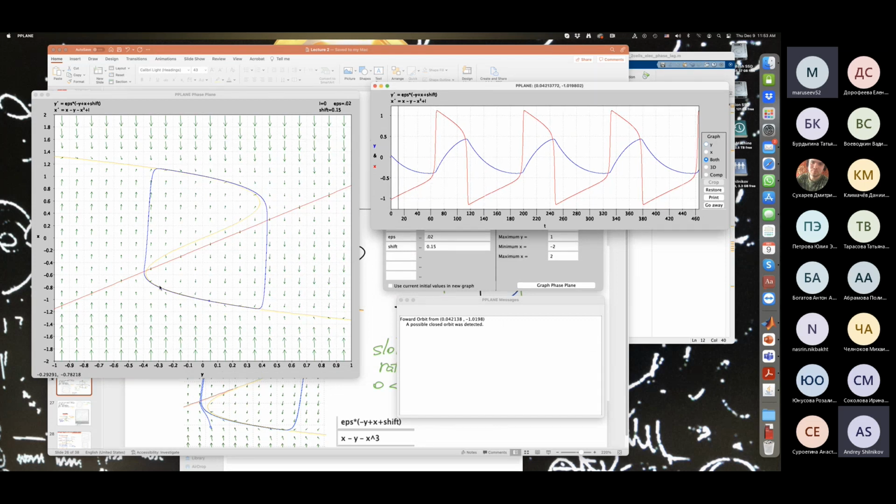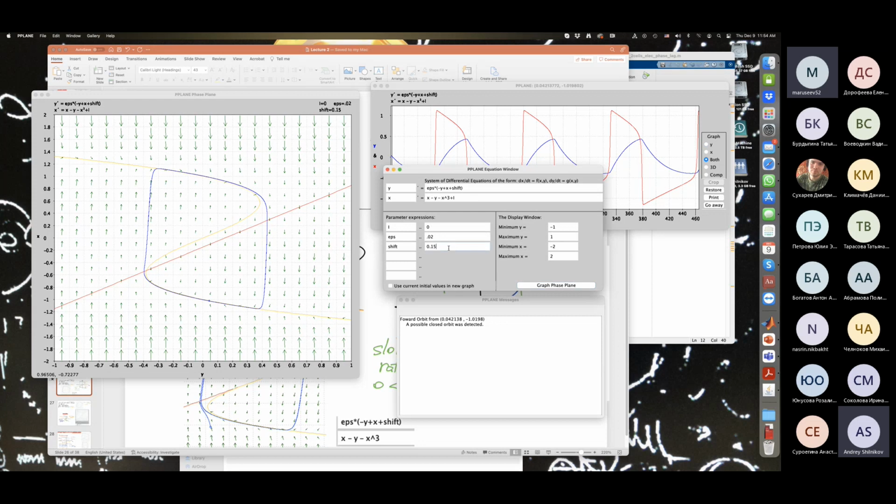So my cell, when I had the stable equilibrium state here, all solutions converge to it, right? It doesn't produce any spikes, and now it produces oscillations, okay? And if I shift this even further up, I'm going to make it, say, negative 0.15.